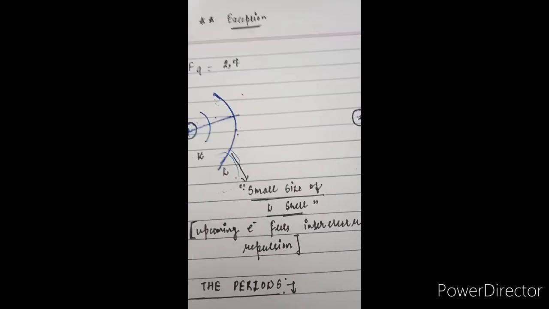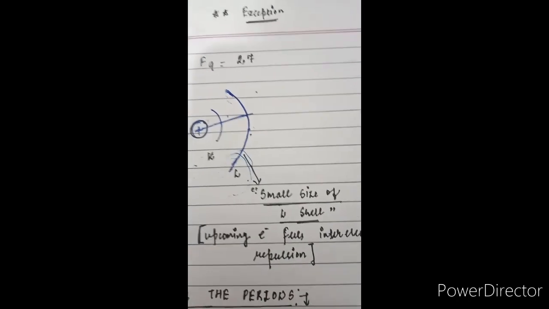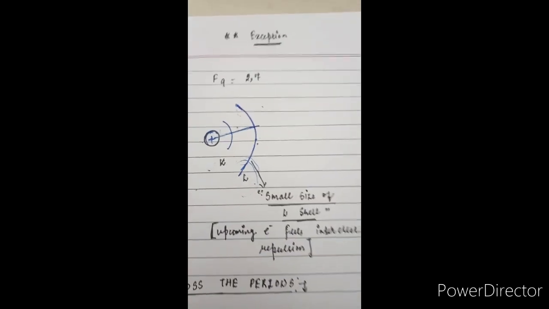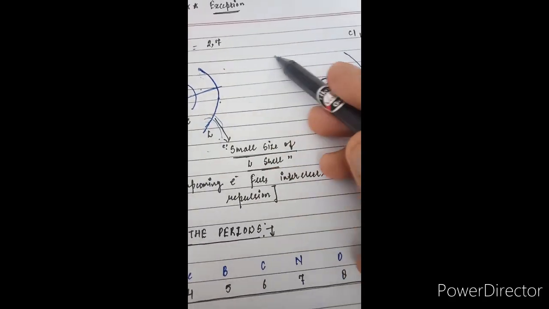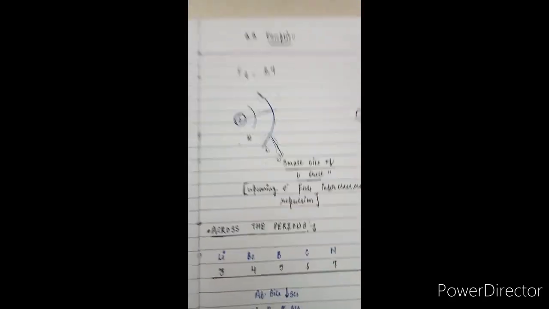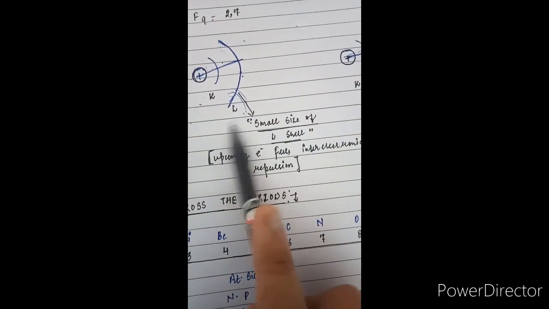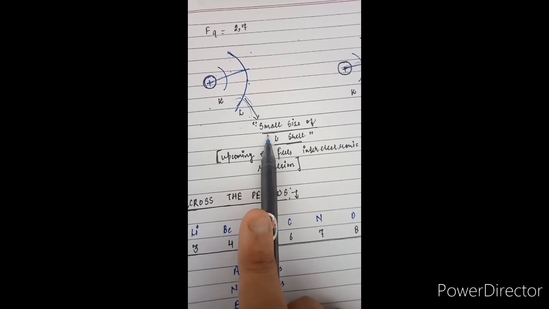If the electron feels stability while entering the valence shell, it will be easy for the electron, and the maximum amount of energy will be released. In the case of fluorine, the size of the L shell is small.